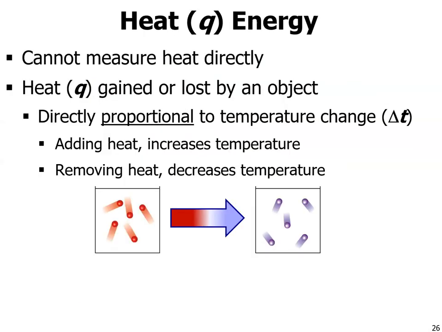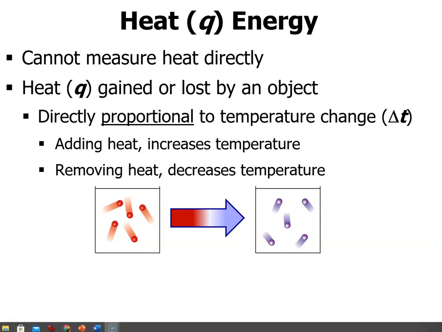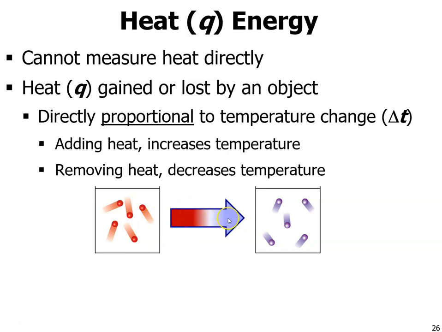So we have to look at a few things when we're talking about heat and energy and temperature. One of the things that we know about heat is that we cannot measure it directly. It's really looking at the gain or loss by an object, but sometimes there are inefficiencies and not a complete transfer from one compound to another, and some might go into the environment.